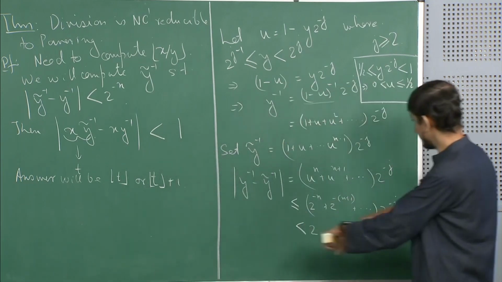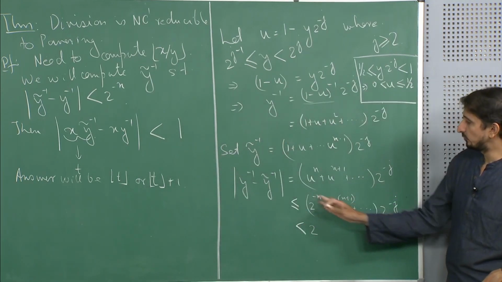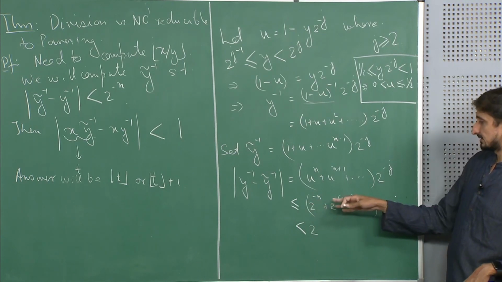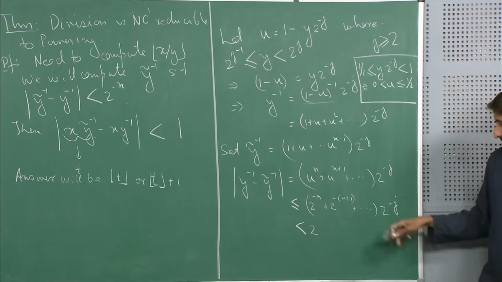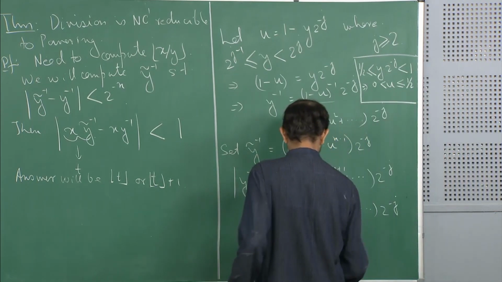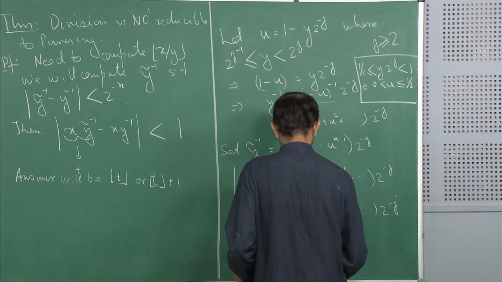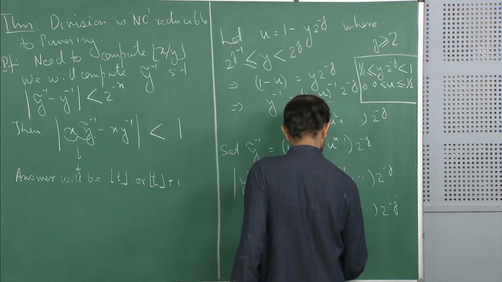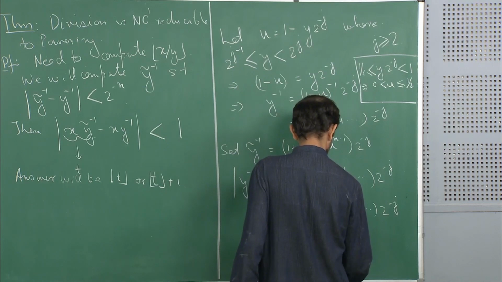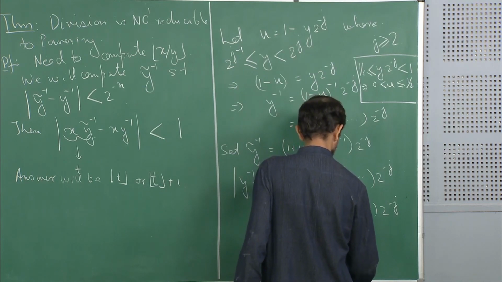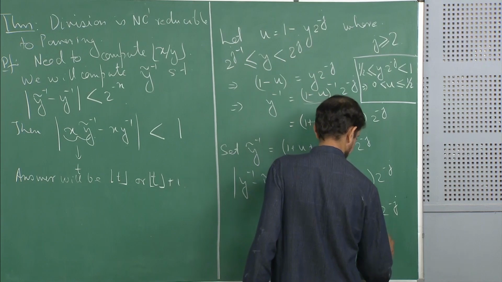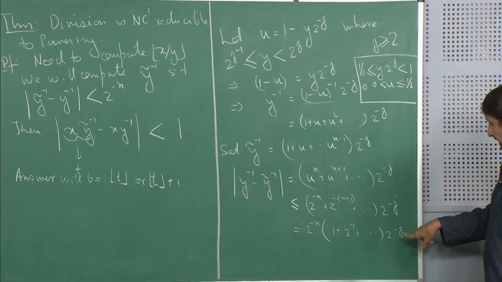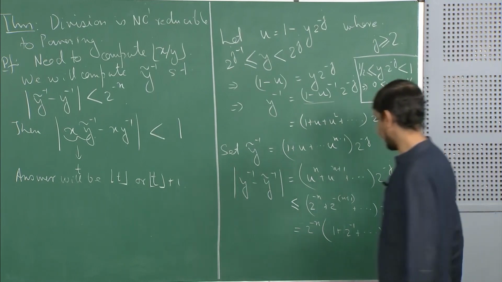If I take 2 to the power minus n outside, this is 1 plus half plus so on. This sum is bounded by 2, and j is at least equal to 2.